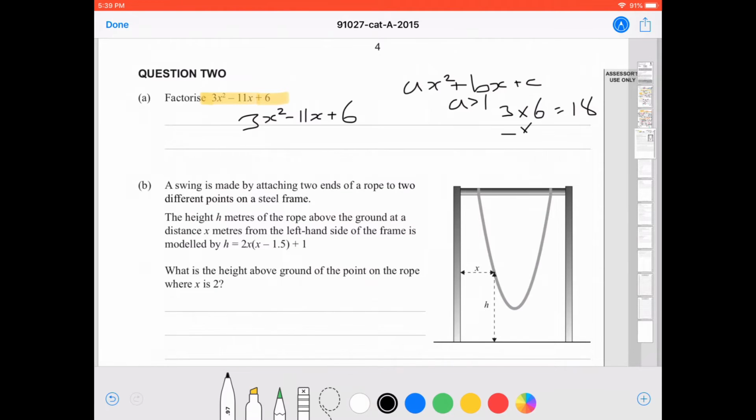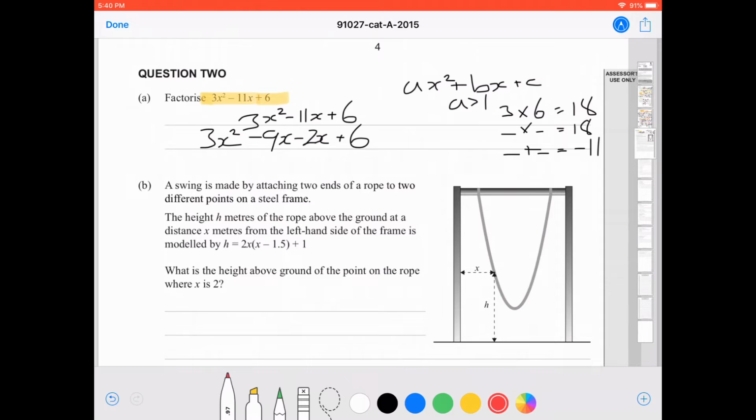And therefore we're looking for two numbers that multiply to this number 18, and two numbers that add to the b term, which is minus 11. And those two numbers are minus 9 and minus 2. So we can say 3x squared, and now we split the b term into two parts, minus 9x minus 2x plus 6.